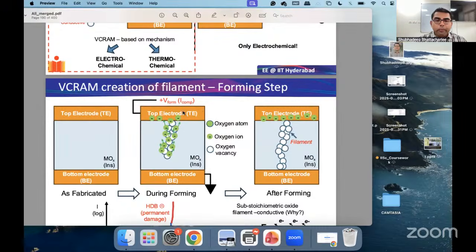When you apply a positive bias, some of the oxygen atoms are ripped off from the lattice of the metal oxide, and these oxygen ions come and sit on the top electrode, as you can see over here. These are green oxygen anions. What remains are the oxygen vacancies, and these oxygen vacancies in a metal oxide film are what cause the filament.